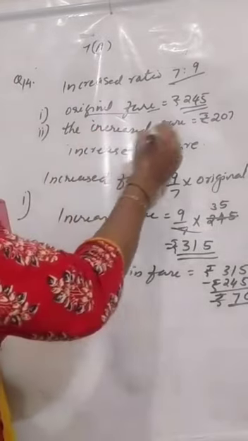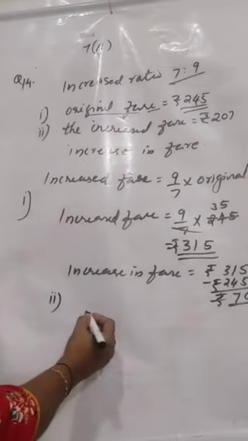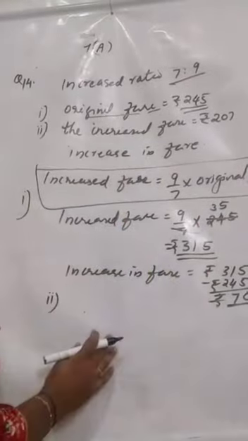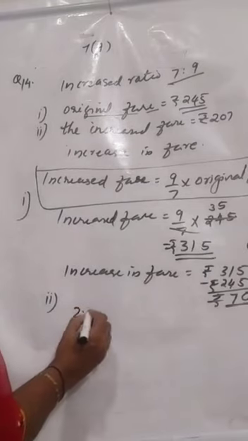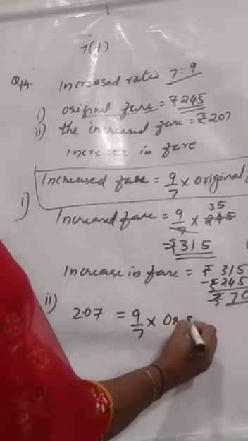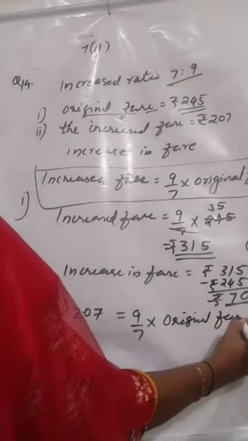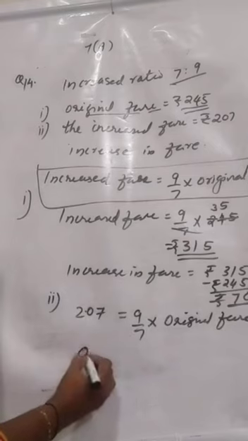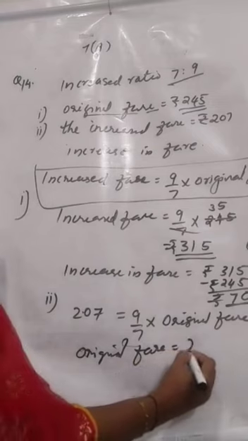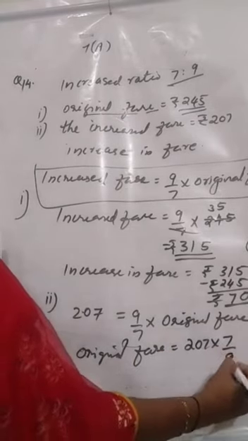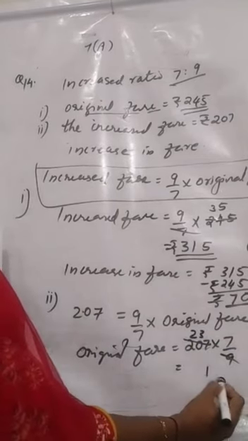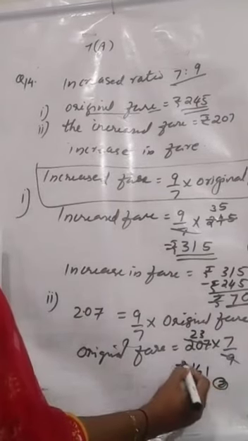Now the second case. Here the increased fare is given. You have to find the original fare. So the same formula we can use and substitute the values. Increased fare is 207 equal to 9 by 7 into original fare that we have to calculate. So you can calculate the original fare as 207 into 7 by 9, that is 161.